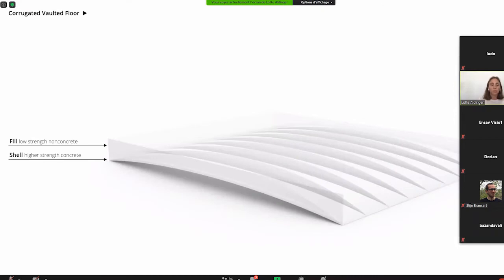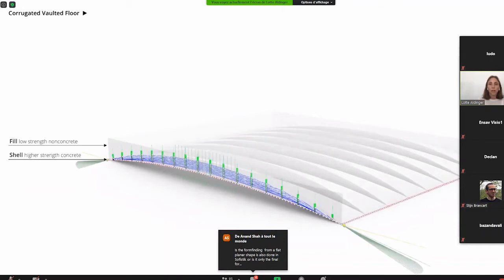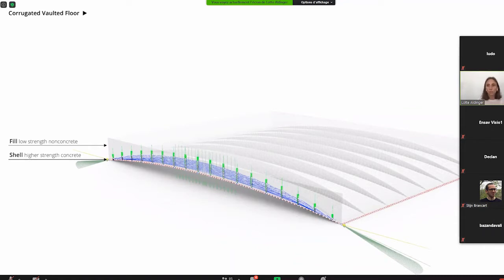But for this context, it must be a bit simplified. So we have a compression-only, very thin vaulted corrugated shell, which we then fill up with non-structural concrete with a low cement ratio. And the profiling, this corrugation, is designed to take on asymmetric loading. Basically, it has the shape of the vertical projection that corresponds to the envelope of all possible thrust lines.